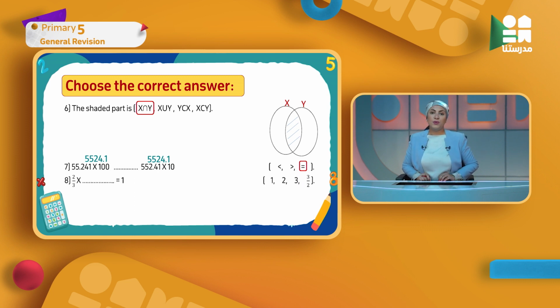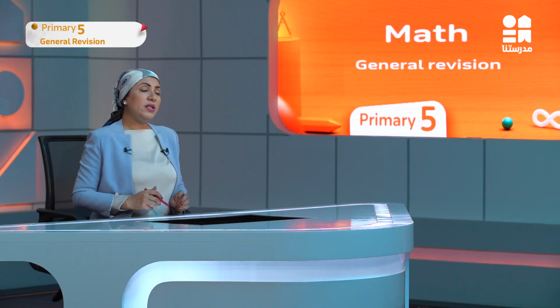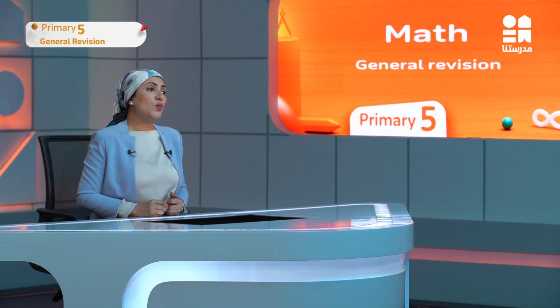Now let's move to another one. 2 over 3 times what equals 1? In this question, I have to think, what is the fraction that if I put in the empty space, all the numerators and denominators will be simplified together and the final answer will be 1. So definitely it will be the same fraction, just flipped upside down, okay?